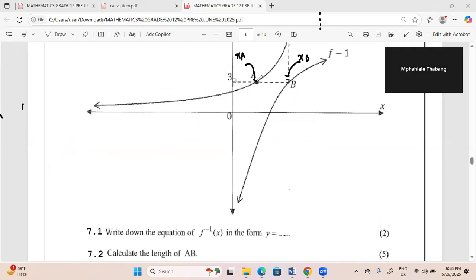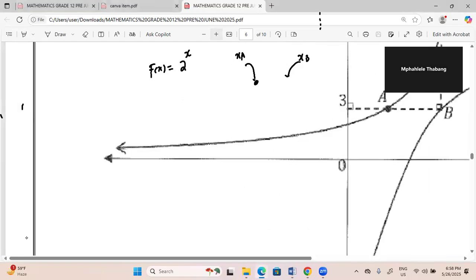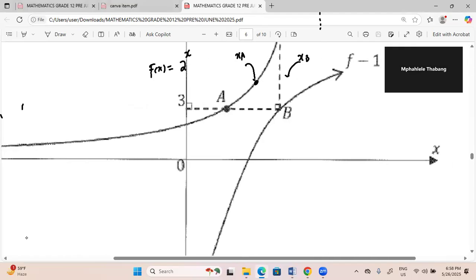And A is on the function f, where f equals 2 to the exponent x. Maybe I didn't read that value carefully. Is this value 8? It would have made more sense if it was 8. I wish this value was 8, but it appears to be 3.